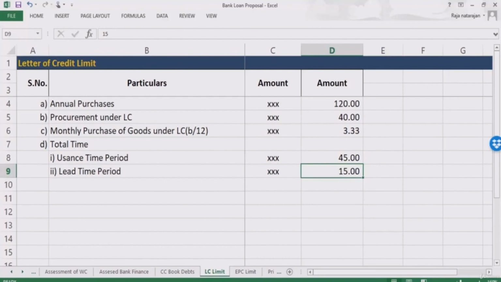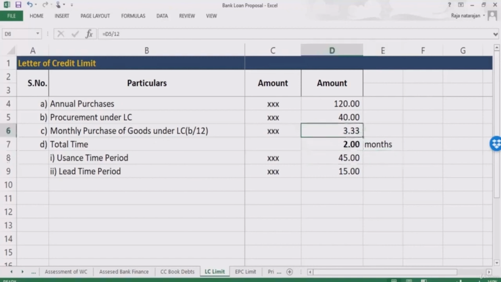So if I order goods today, it will take 15 days for manufacturing, and from there the 45 days count will start. So if I order today, payment will happen only on the 60th day. So total time taken is 45 plus 15, 60 days. That is equivalent to 2 months, right?